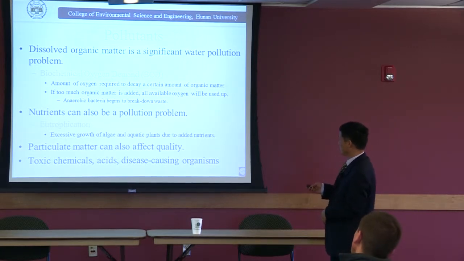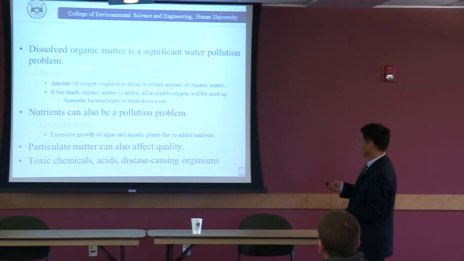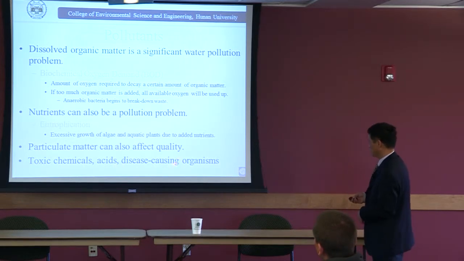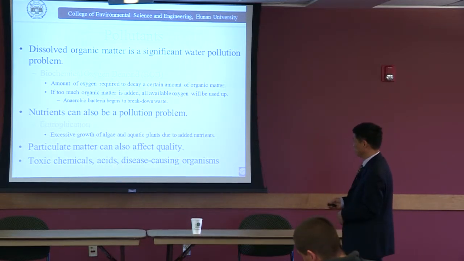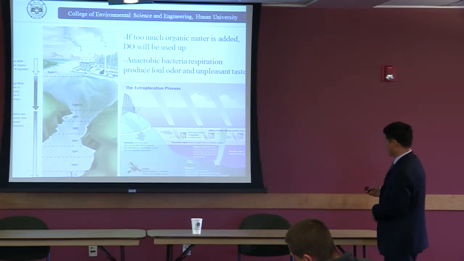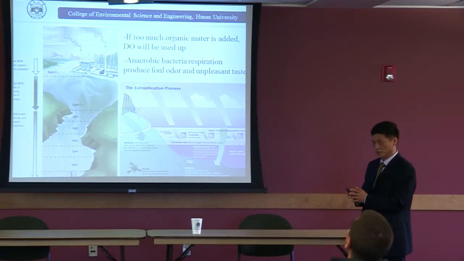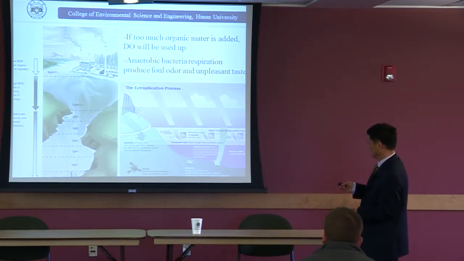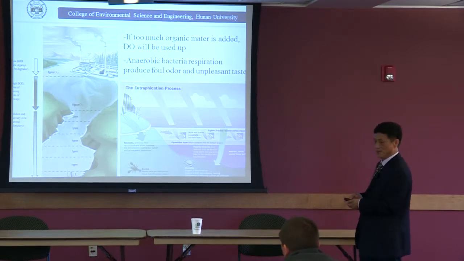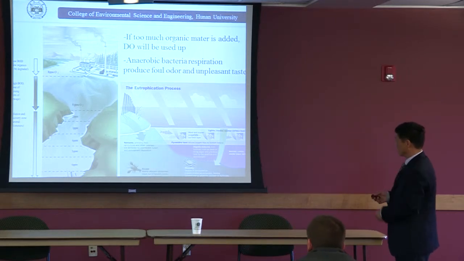Pollutants include organic and inorganic pollutants, nutrients, some toxic chemicals, acids, and disease-causing organisms. If too much organic matter is added, the dissolved oxygen will be used up, which will cause eutrophication or an anaerobic situation in the water environment. That's the problem.